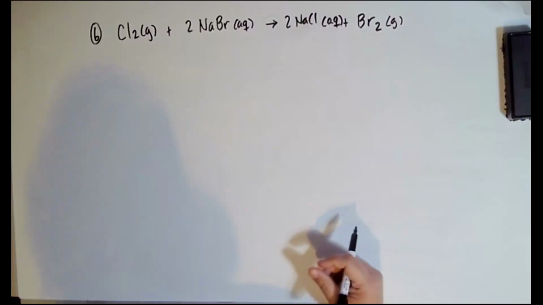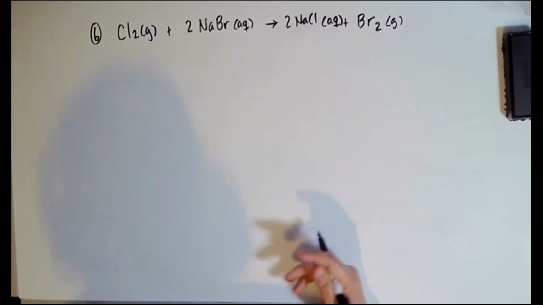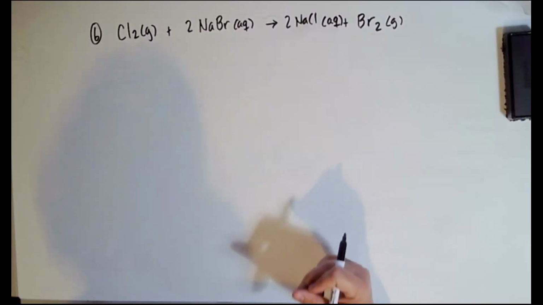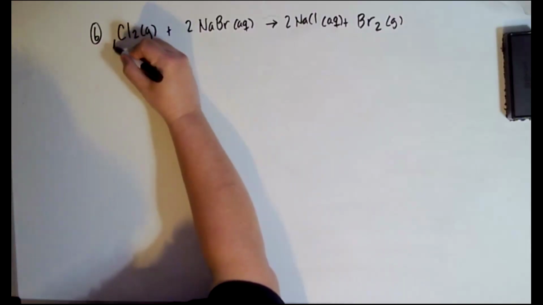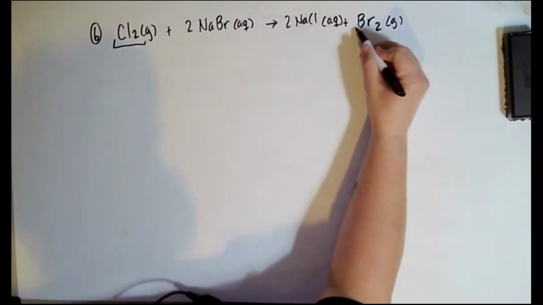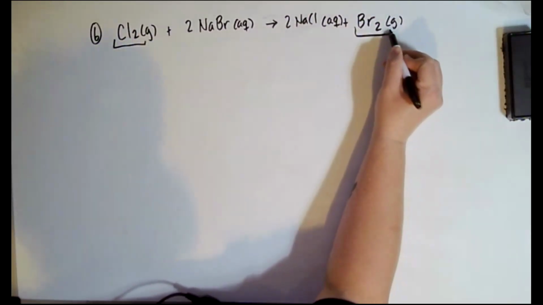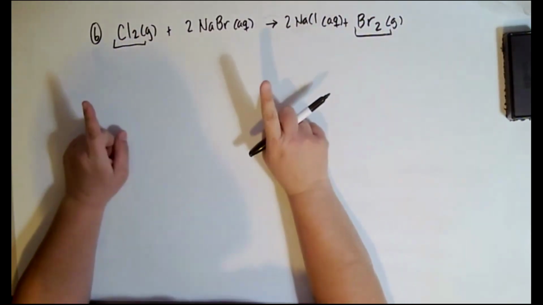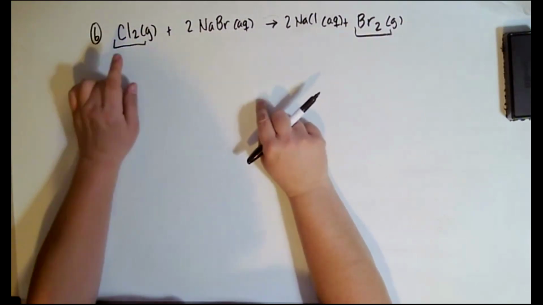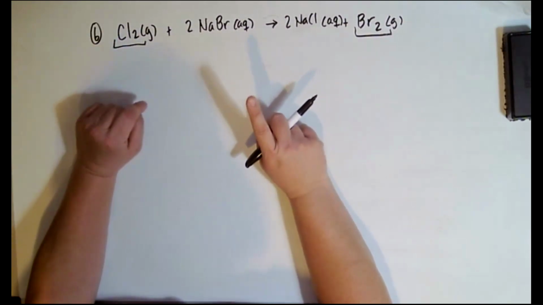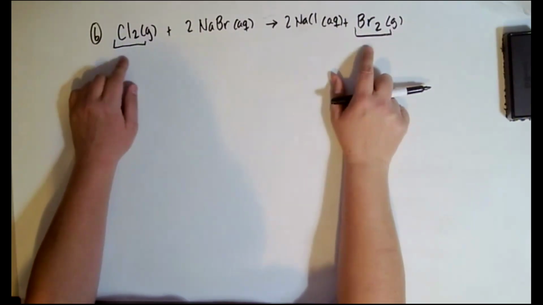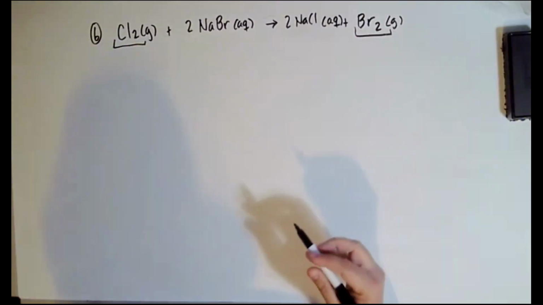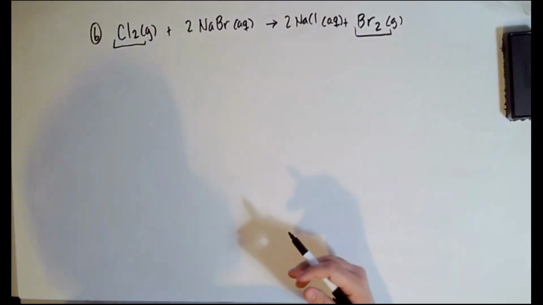Okay. So when we're looking at each of these, think about logically what the charges in each of these substances are going to be. When you have elements by themselves, whether they're monoatomic elements or diatomic elements like we have here, they're always going to have an oxidation number of 0.